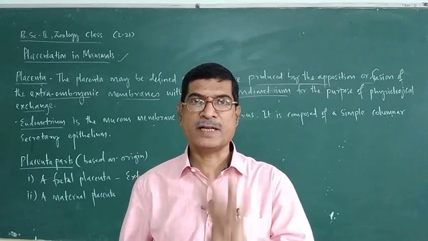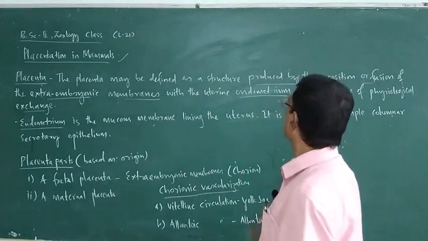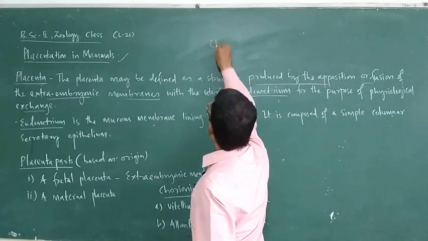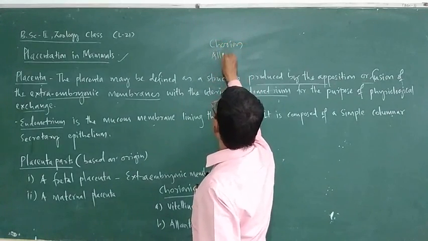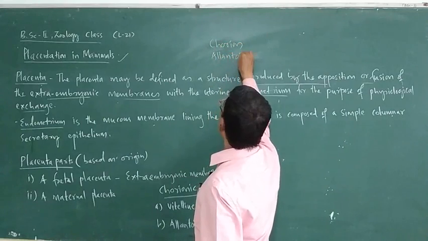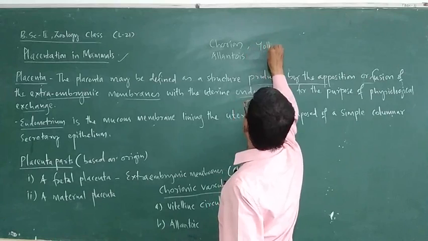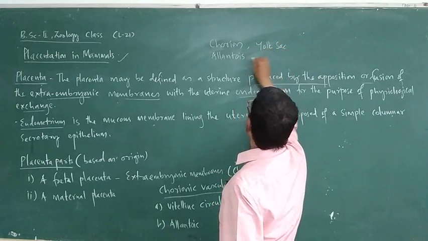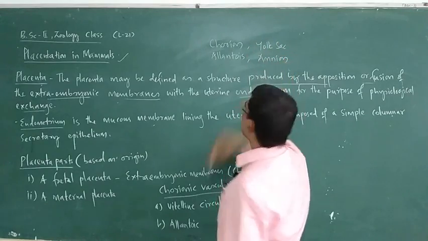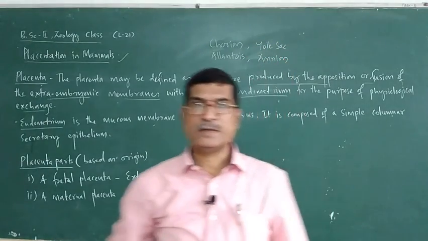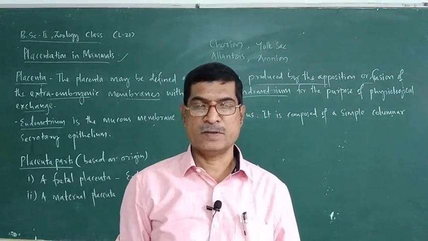So there are 4 extra embryonic membranes, namely chorion, allantois, yolk sac, and amnion. So these are the 4 different types of extra embryonic membranes.